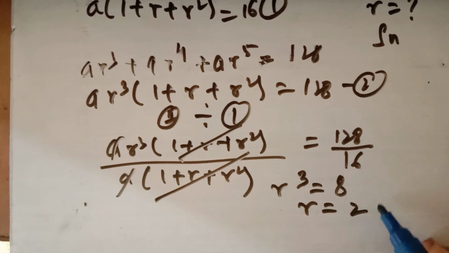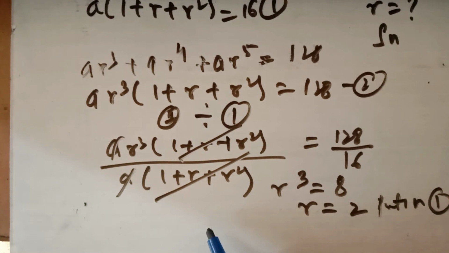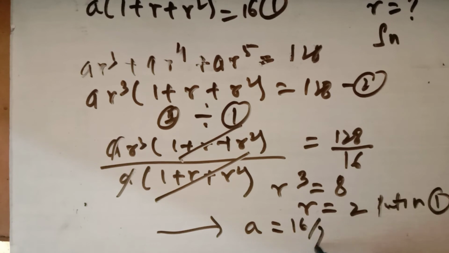You can put it in equation 1. You will get the value of A as 16 upon 7. You put it in equation 1 or 2, and you have to find the sum of n terms. Because R is greater than 1, we use the formula A into R raised to power n minus 1 upon R minus 1.